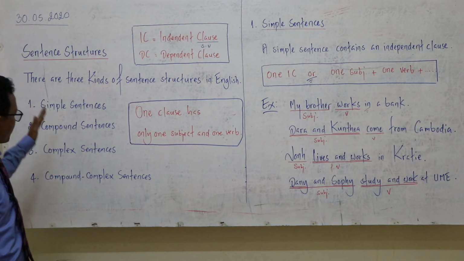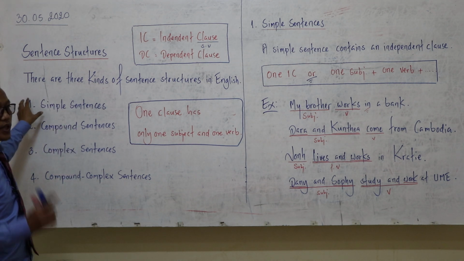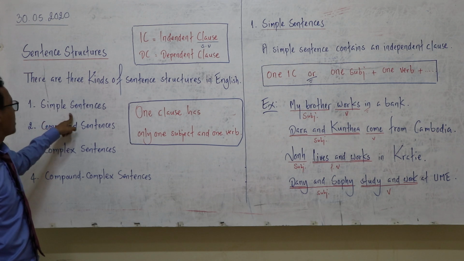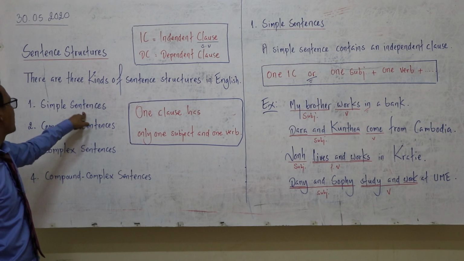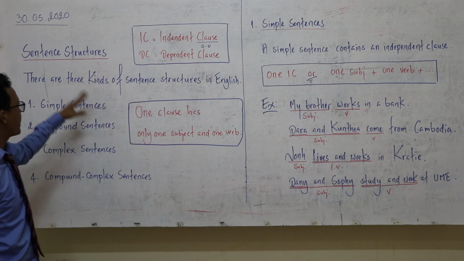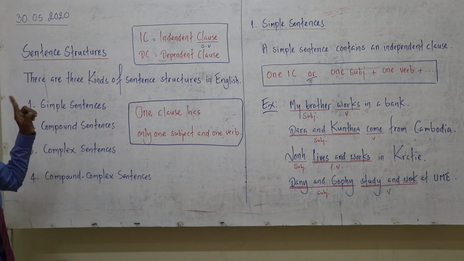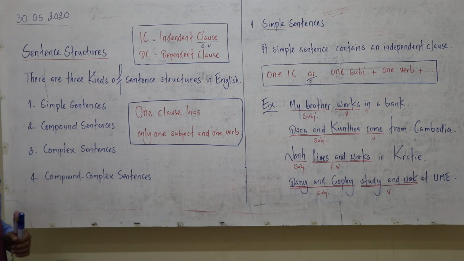So for sentence structure, there are 4. You can see here already. But in this video I tell you only one sentence structure. The first, simple sentences. Simple sentences refer to only one IC, only one independent clause.